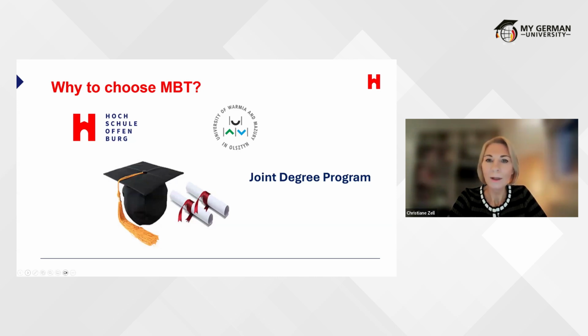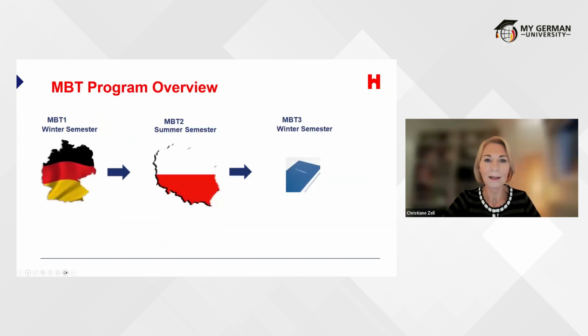It is offered together with the University of Warmia and Mazury in Olsztyn. This is a town in Poland. And after completion of the studies, you will earn a double degree. And I think this gives you the opportunity to have a good career in international companies in Germany or in different countries.